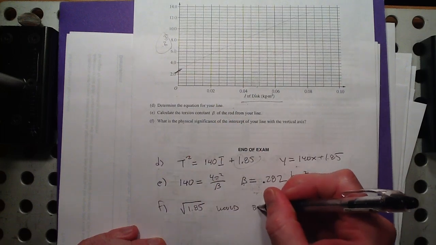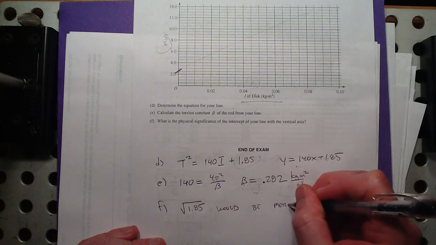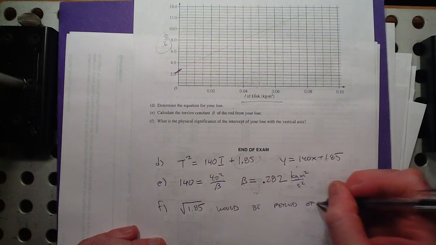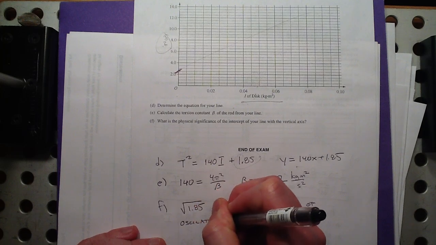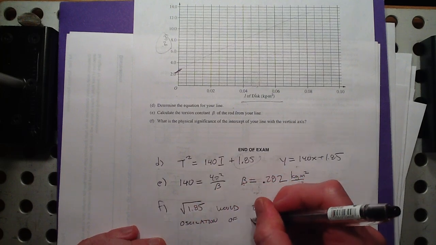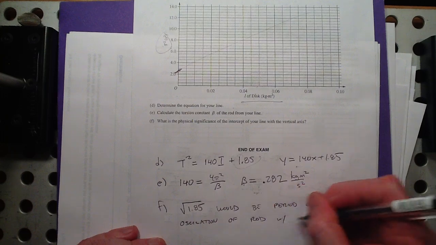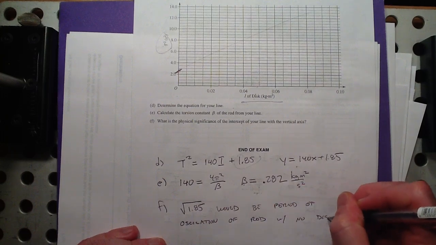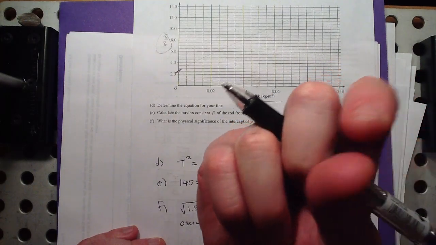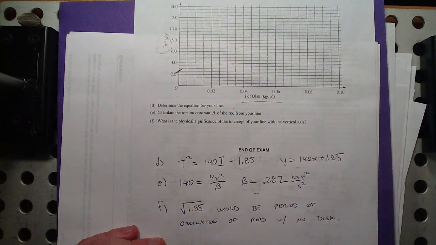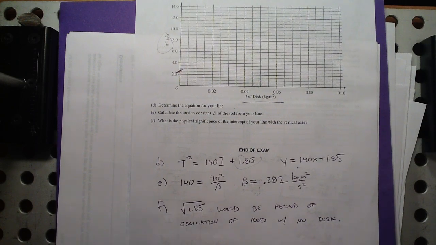So that would be the period of oscillation of the rod with no disk. As if you gave the rod a little tweak, it would start to oscillate back and forth, even if there were no disk on it. So that's that.